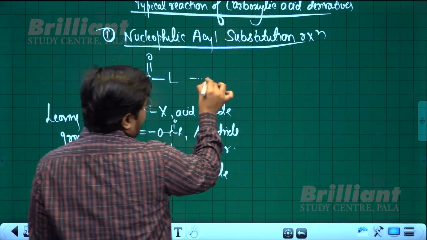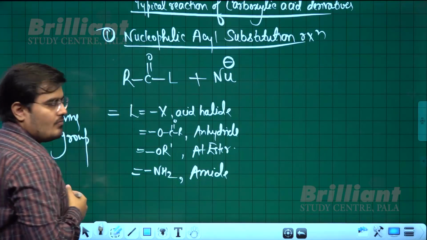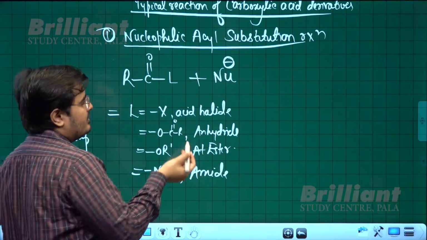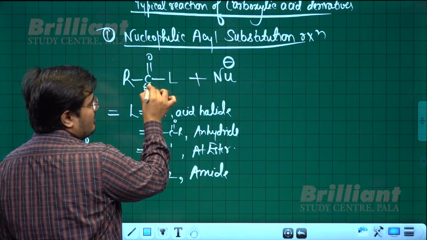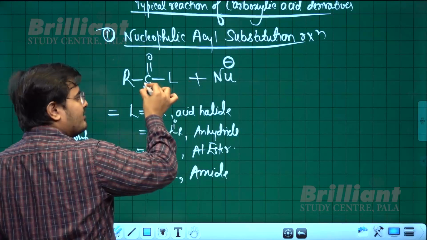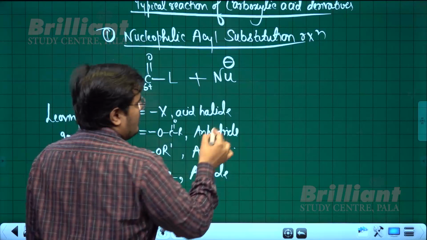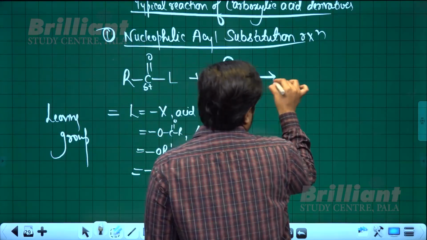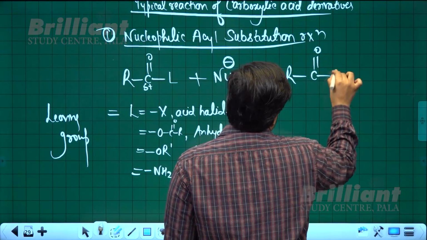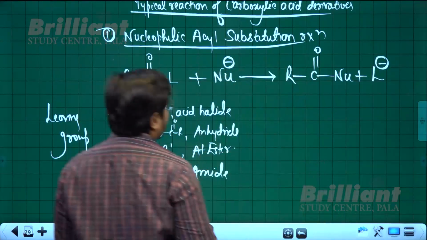So if this undergoes attack by a nucleophile, then you know nucleophile is an electron rich species which prefers to attack the center where you have maximum positive charge. So I know this nucleophile will prefer to attack at this center and will try to replace this L. So let's say L gets replaced and you get RC double bond O Nu plus L minus.